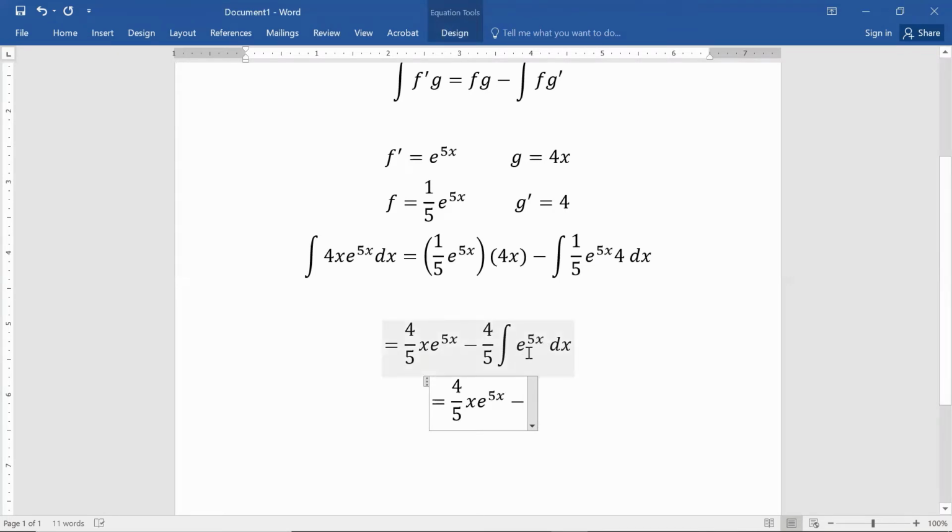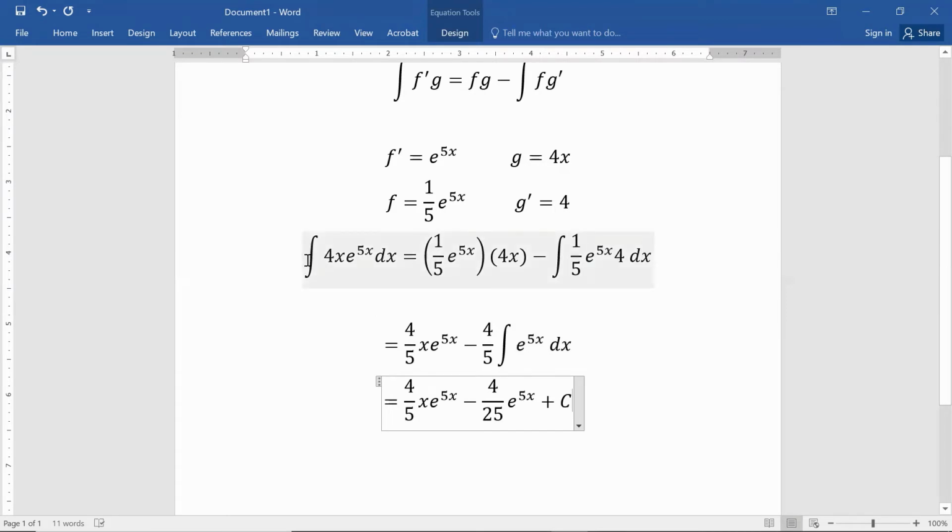If you integrate e to the 5x, you get e to the 5x. And then you take your 5 and you divide the coefficient by that 5. If you divide 4/5 by 5, you end up with a 25 in the denominator. And then at the very end, because we've integrated, we need to add on a plus c.